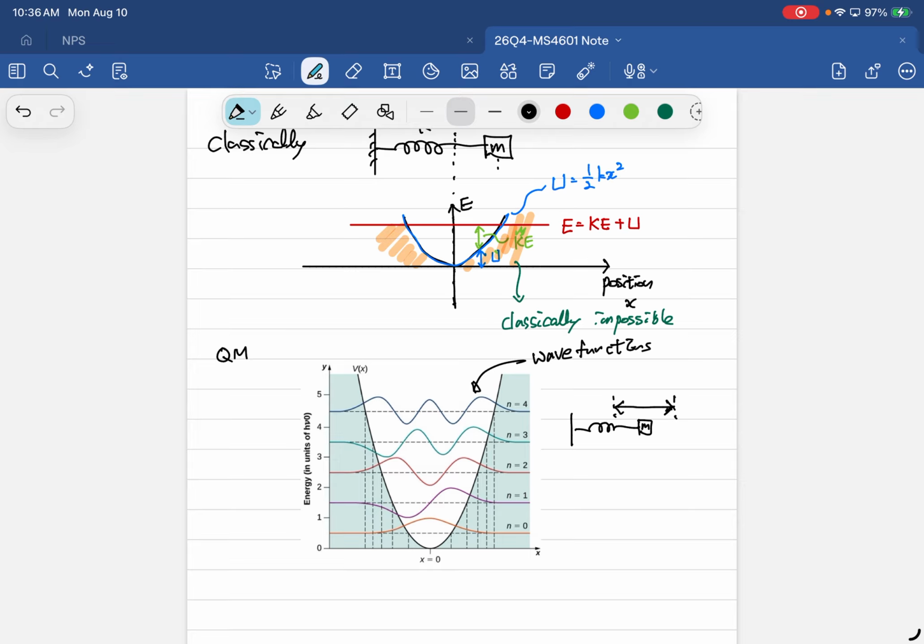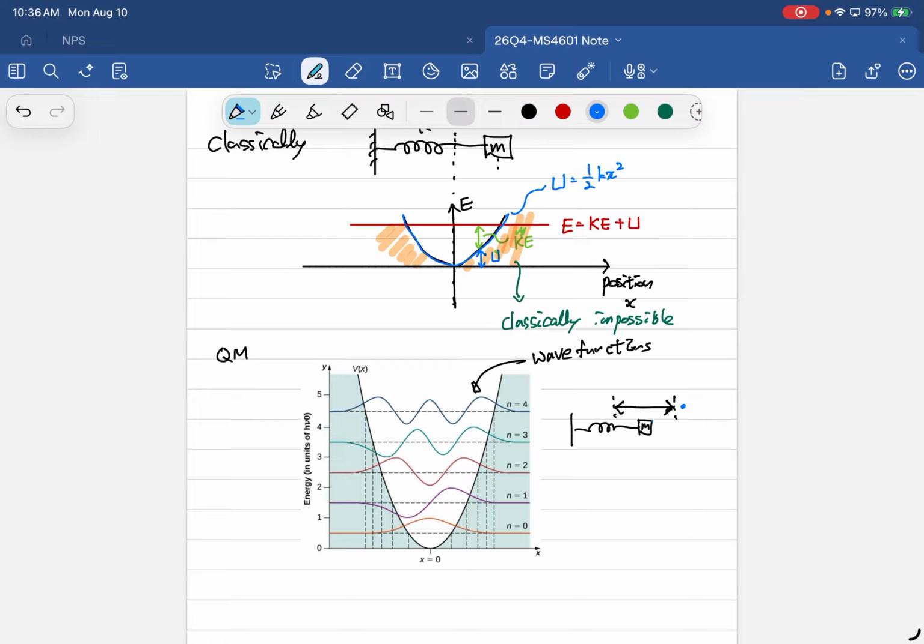But quantum mechanically, what this is saying is that sometimes you may be able to find this mass located here, right? Again, the tunneling idea. So, classically impossible, but quantum mechanically possible.